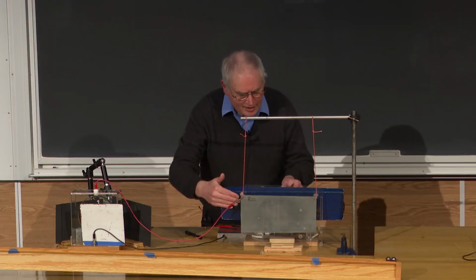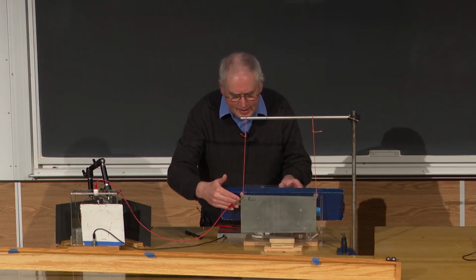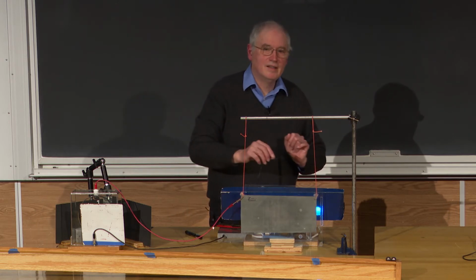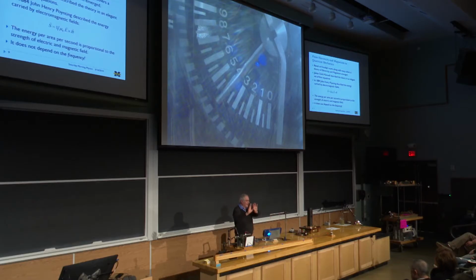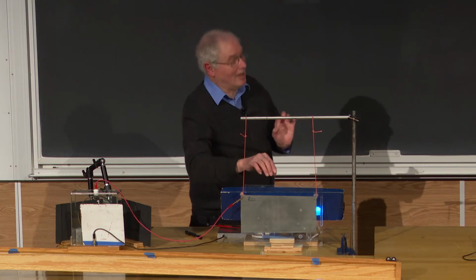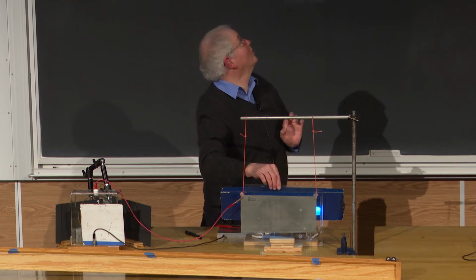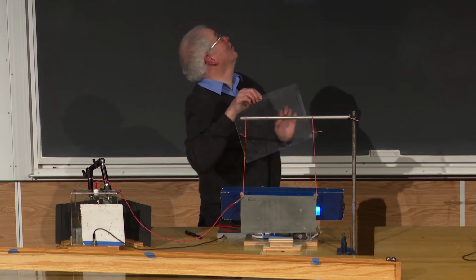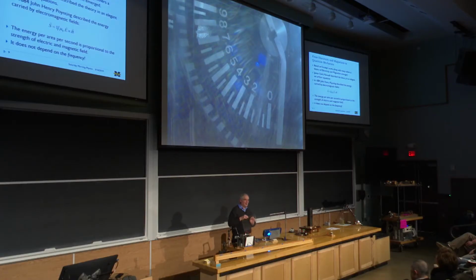But it turns out that no matter how intense that light is, it doesn't discharge it. But if I take an ultraviolet, and you can see this perhaps as a blue light, and I expose this to blue light, then the charge immediately goes away.